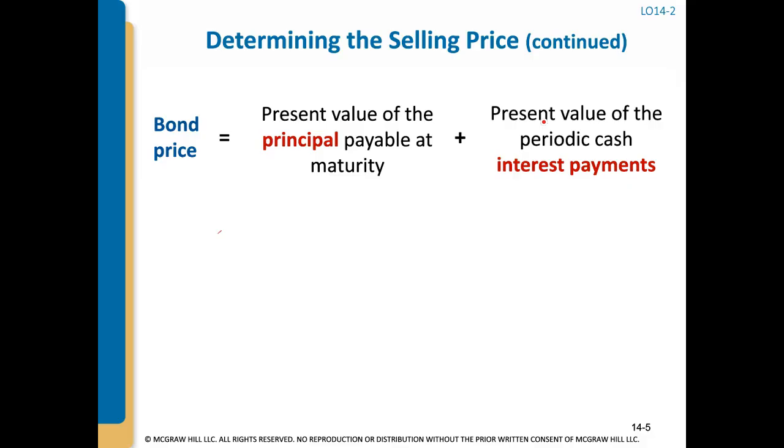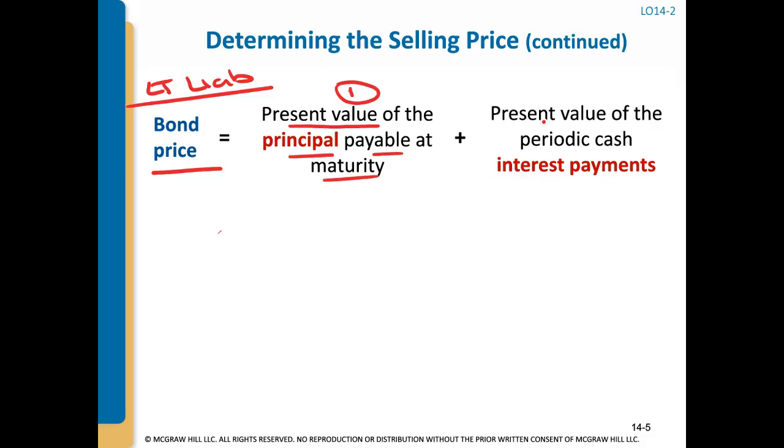But a bond is issued, right? And you have to determine the bond price. Since we're talking about long-term liabilities, which means that they're due in longer than a year from now, the way to calculate the bond price is two pieces. The first piece is you have to take the present value of the principal payable at maturity.